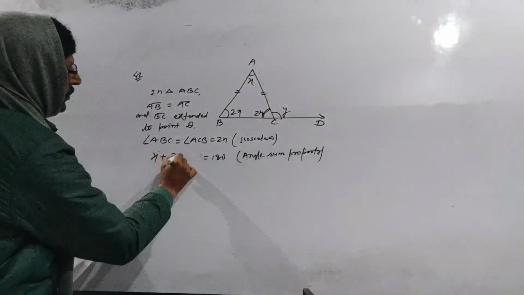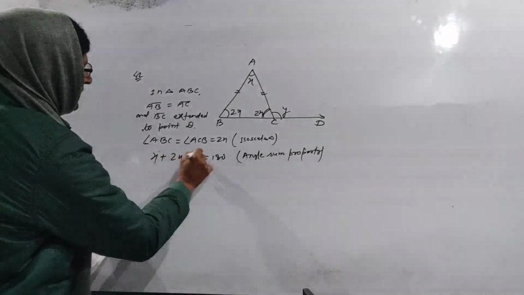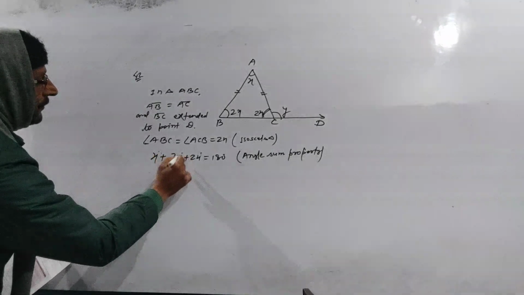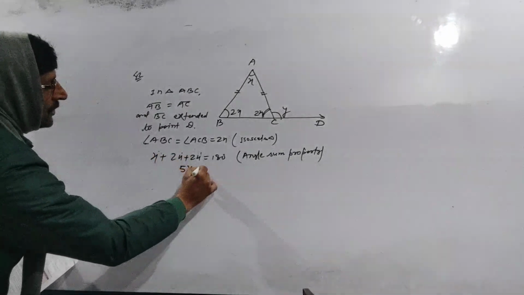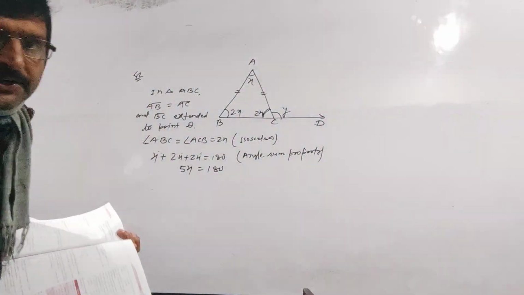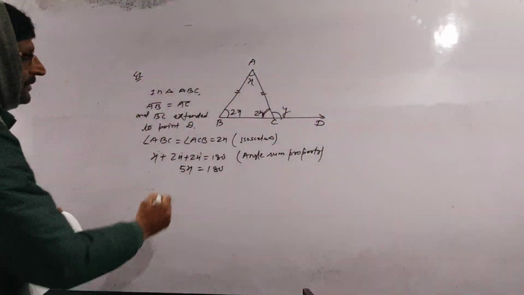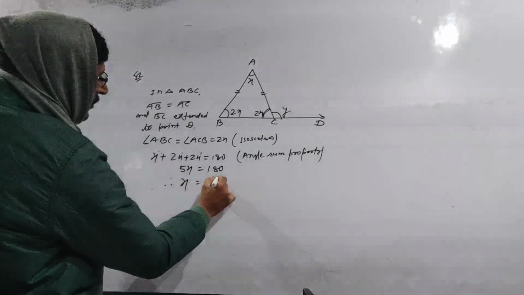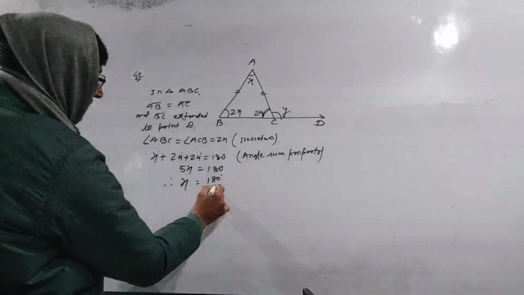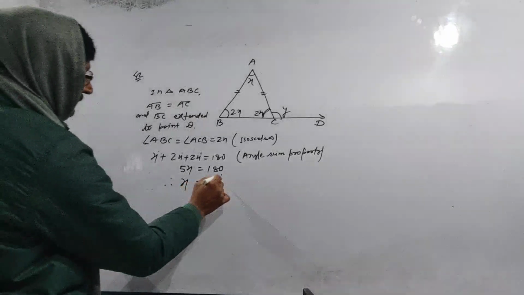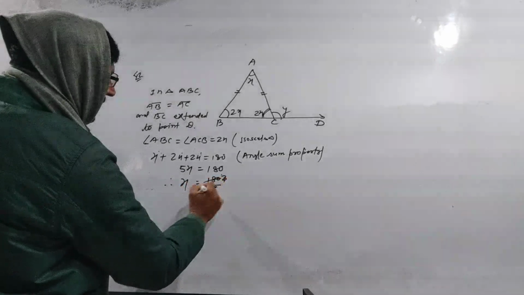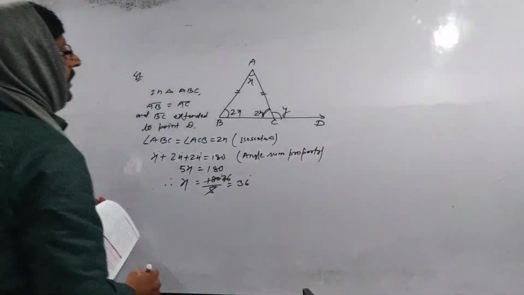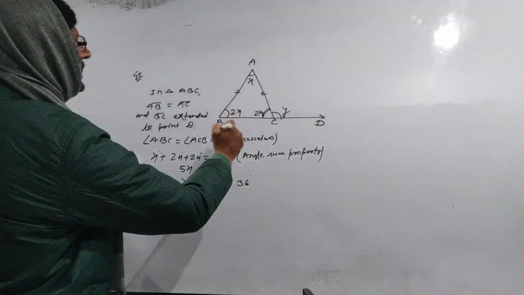So 5x is equal to 180. Clear? Therefore x is equal to 180 by 5, which is 36 degrees. Angle x will be 36 degrees.